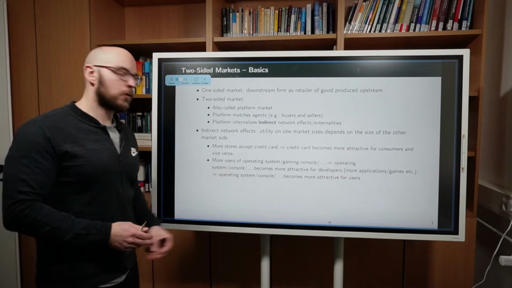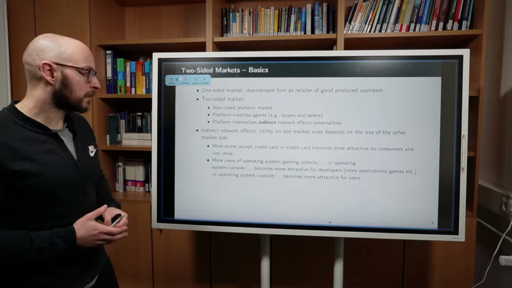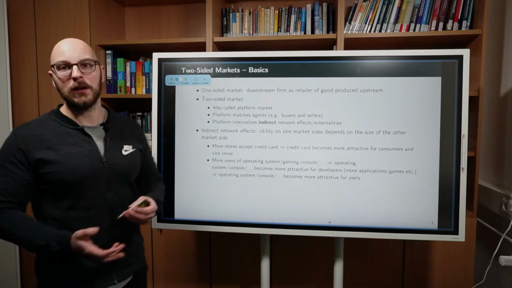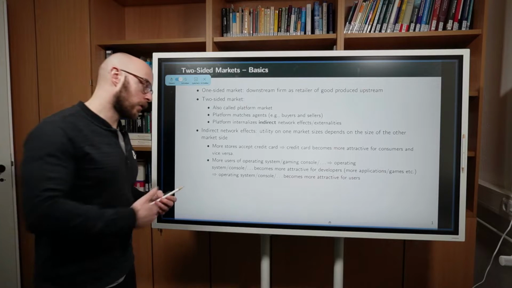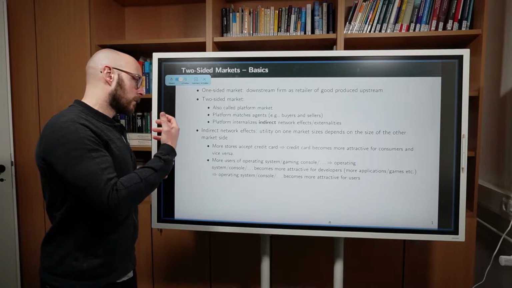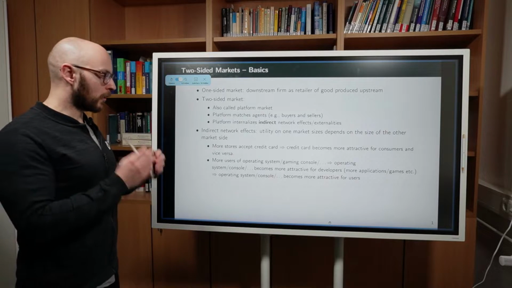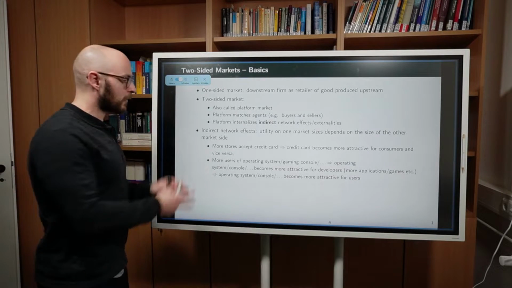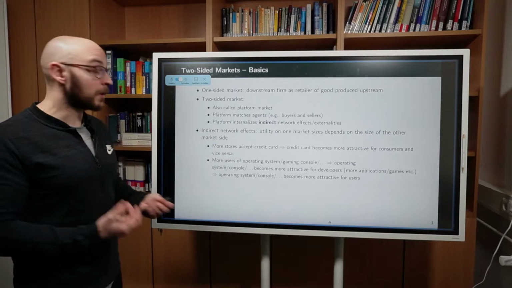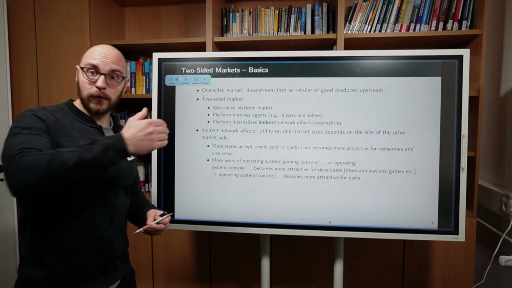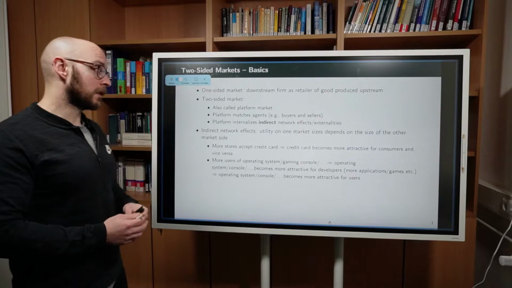And the same applies to operating systems. If you have an operating system that only supports a few apps, then it's not very attractive for you, right? So that's the concept of indirect network effects, basically. So the console in our example, and the platform in general, benefits from more buyers and more sellers, basically.